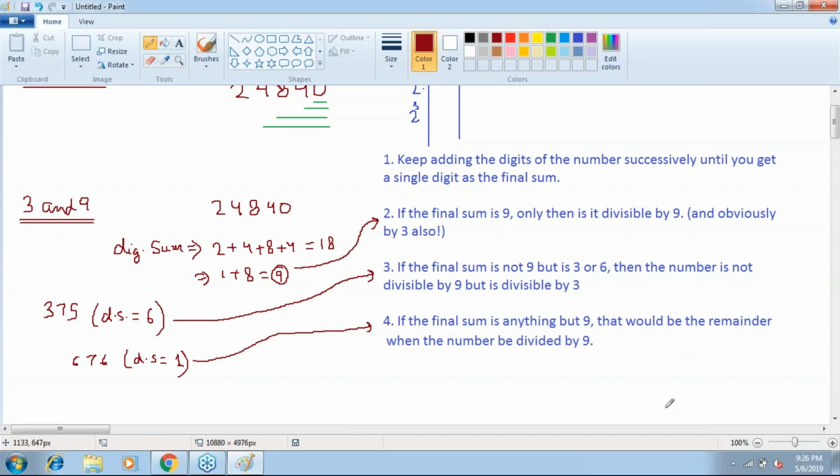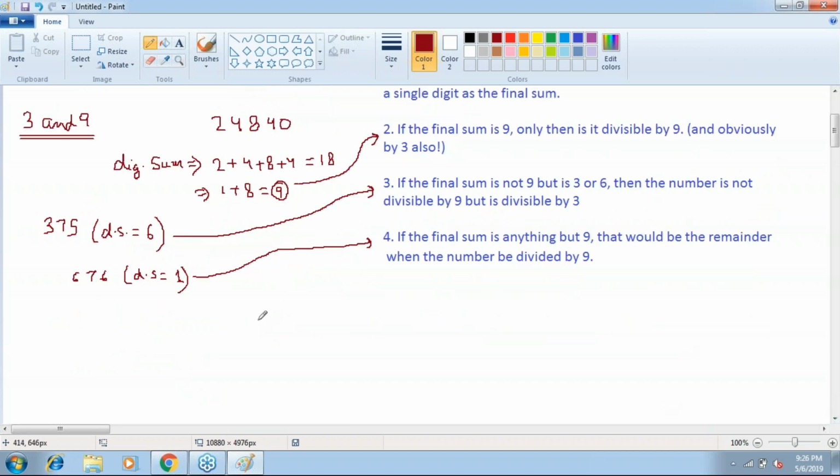Okay, let us check quickly. If 676 is divided by 9, what do I get? 9 7s are 63, 46, 9 5s are 45, 1. Oh, it worked. So we didn't need to actually divide the number by 9.